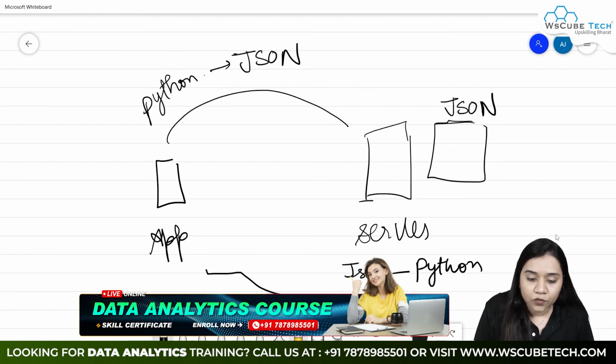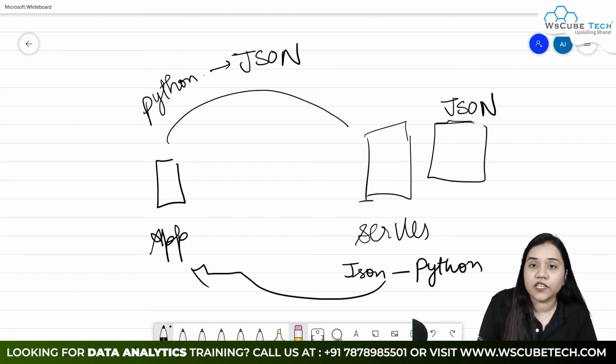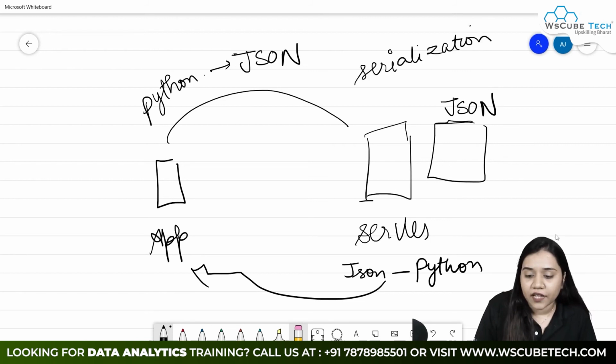The process of converting Python to JSON is called serialization, and the process of converting JSON to Python is called deserialization. It can also be called encoding and decoding. So serialization converts a Python object into JSON, and deserialization converts JSON back to a Python object, so that we can use it in our application.